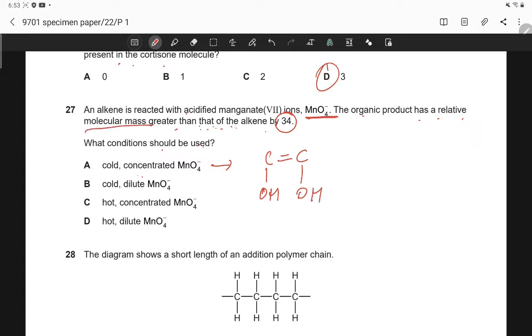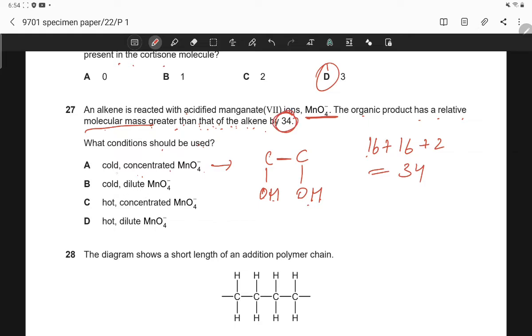So it means oxygen 16 plus 16, because when cold manganate reacts, a diol is formed. Diol is formed. So with addition of two OH groups, 16 plus 16 and hydrogen 1 plus 1 is equal to 34. Molecular mass greater than that of the alkene by 34.